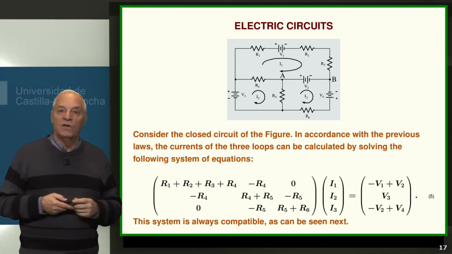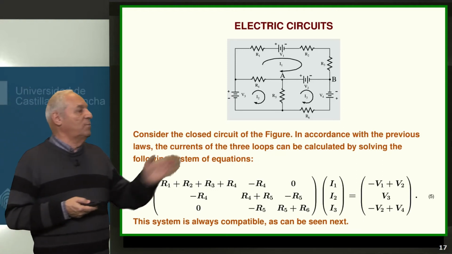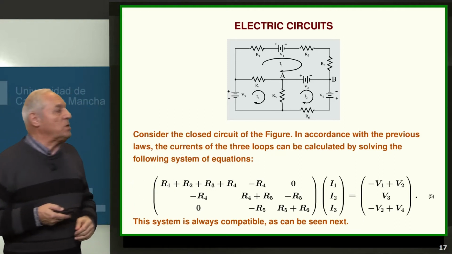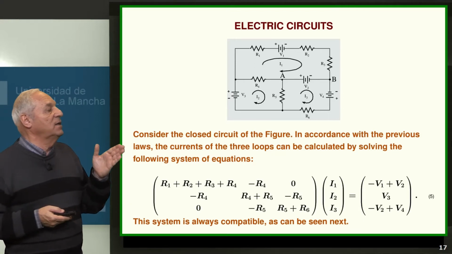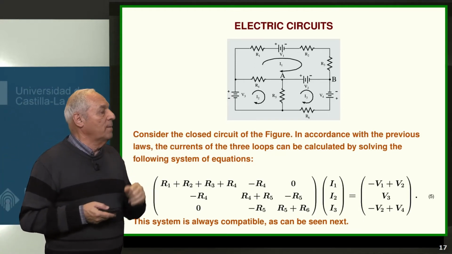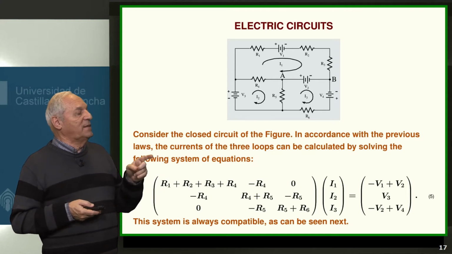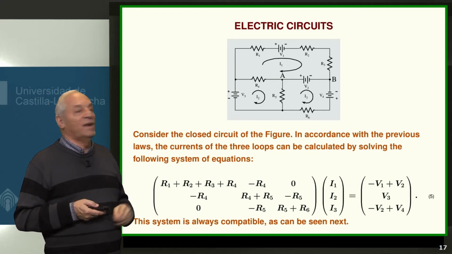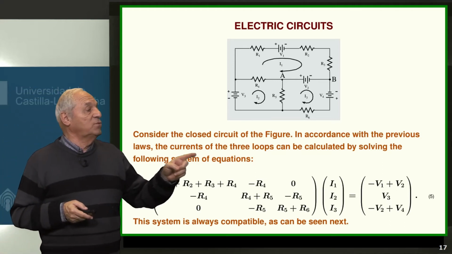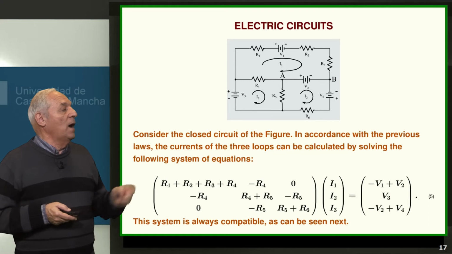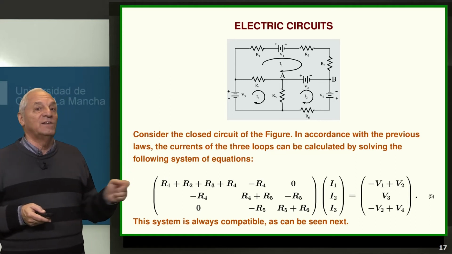Last, we have the loop on the right, where other intensities also appear, as we see next. First, the intensity I1 does not circulate, there is no resistance in this case, so it does not appear anywhere. The intensity I2 multiplies resistance R5, but it goes in the contrary direction, so it bears a minus sign.